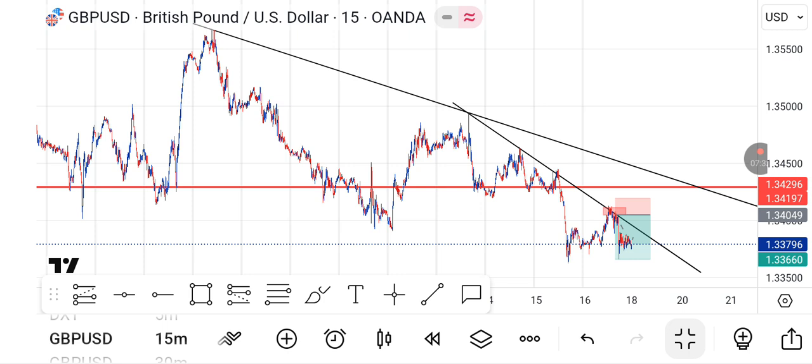If I don't see what I'm looking for, I'm not buying, I'm not selling. So this is for pounds USD. This is to show you that my approach, my strategy, it works.